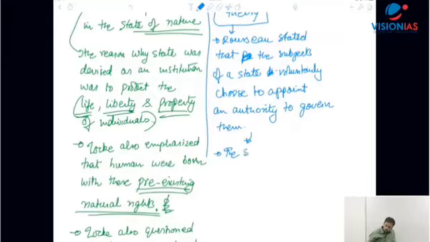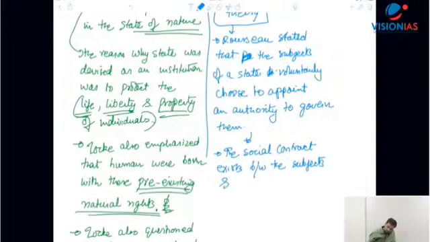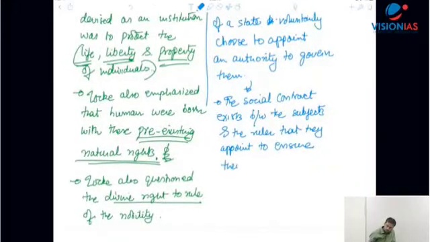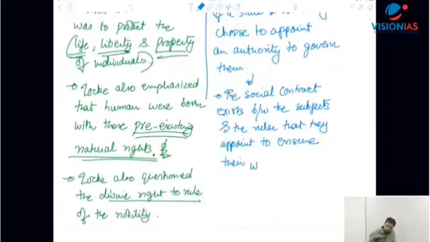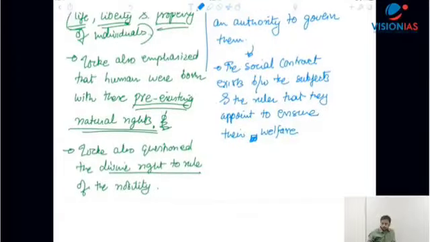The social contract exists between the subjects and the ruler that they appoint to ensure their welfare.